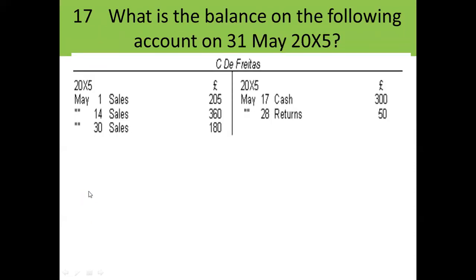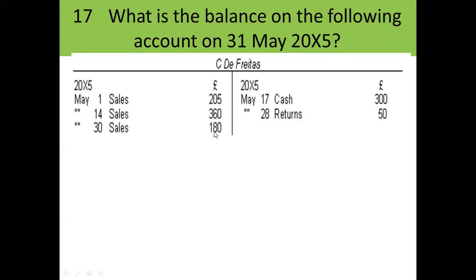What is the balance on the following account on 31st May? To find the balance, you have to know the T account or ledger. We add up the debit side, which is 200, 360, 60, and 180.